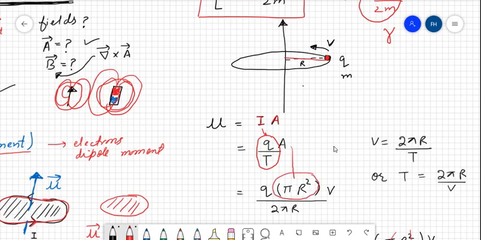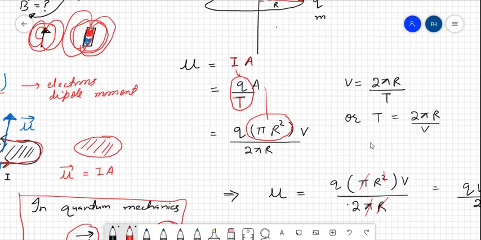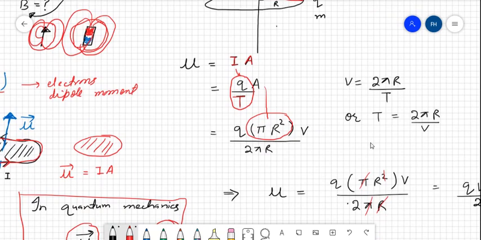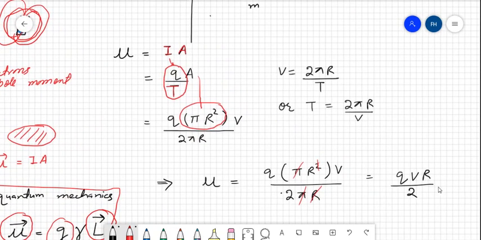The time period for this orbital motion I can get from v equals 2 pi r by T, or T equals 2 pi r by v. Substituting here, we get mu equals q pi r square v by 2 pi r, and here pi gets cancelled out, r gets cancelled with this r, so I get mu equals q v r by 2.